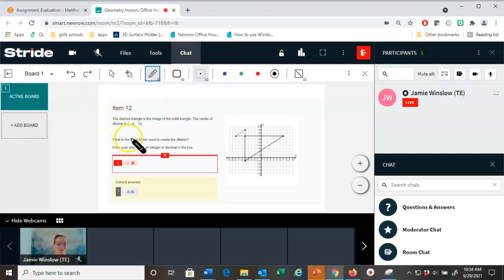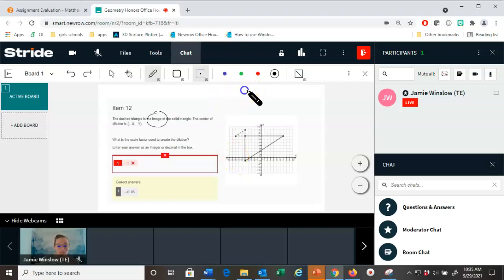There we go. Okay, so when we're talking about scale factor, we're either shrinking or enlarging a shape, right? And it tells us that the dashed triangle is the image. So that means that's the final shape, right? So when we look at the dashed triangle, it's much smaller.